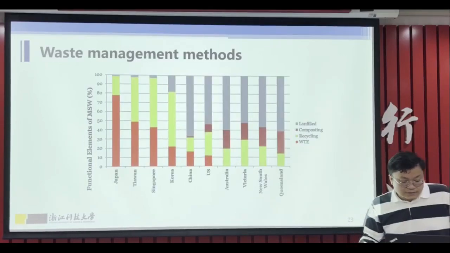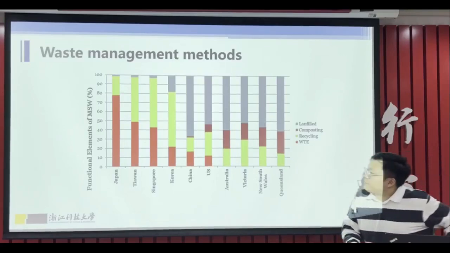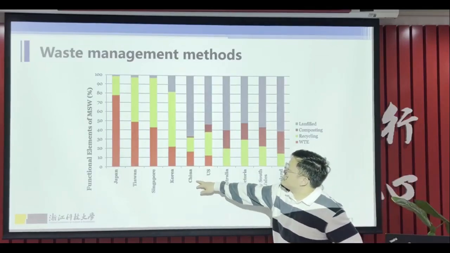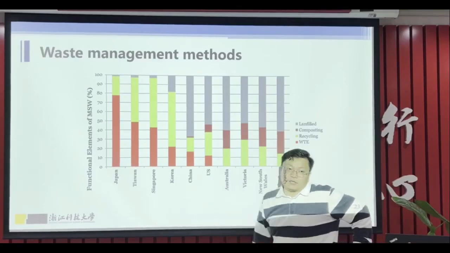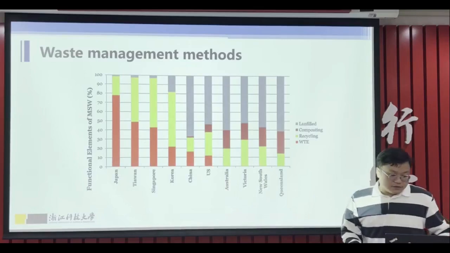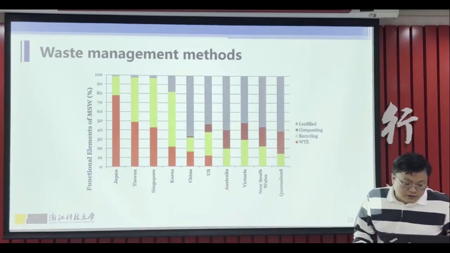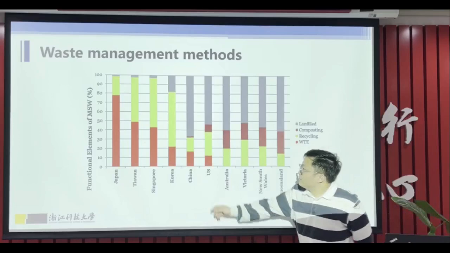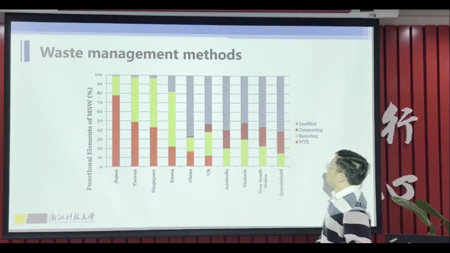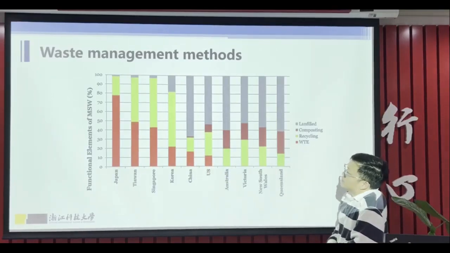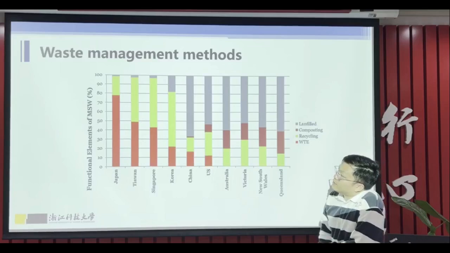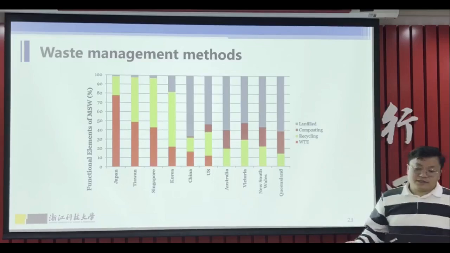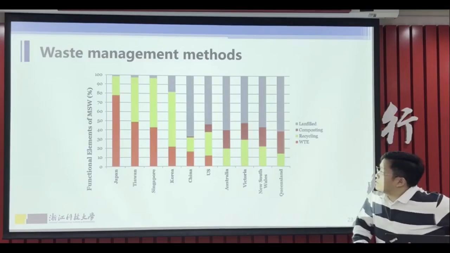Also, in some other countries, for example China, this data is around 2010. In 2013, around 15% of waste in China is incinerated, 15% recycled, and more than 60% of municipal solid waste is landfilled.